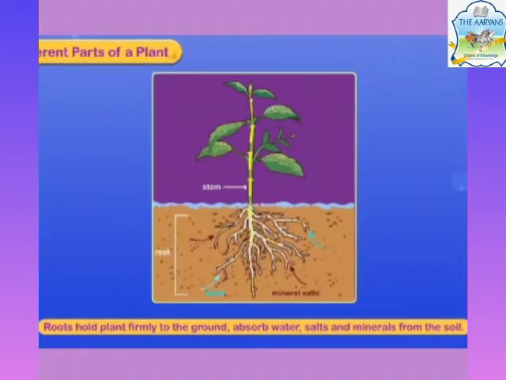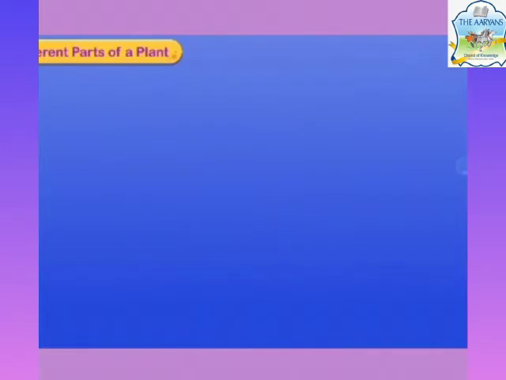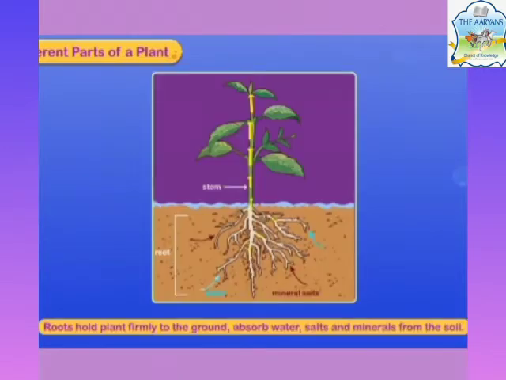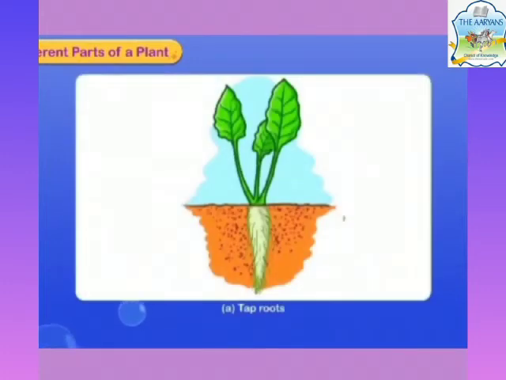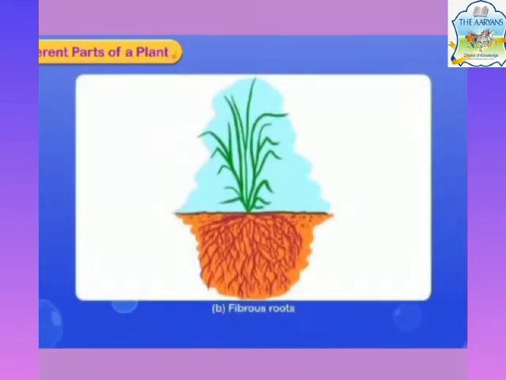Look into the picture. Roots are there, and these roots hold plant firmly to the ground, absorb water, salts and minerals from the soil. Basically, roots are of two types: taproot and fibrous roots.